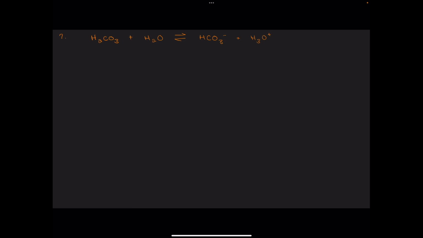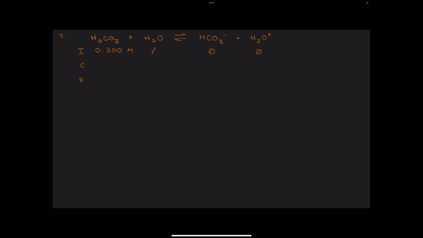hydronium. So we're going to set up our ice table just like any of our other problems where we're finding equilibrium concentrations. We plug in our initial concentration of 0.2 molar. We don't care about our water, and our products here are initially 0.